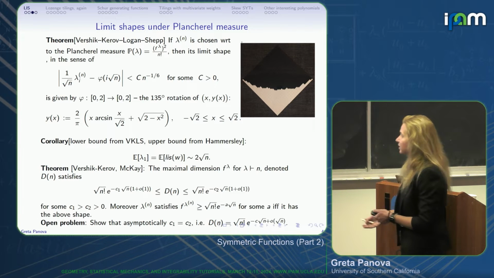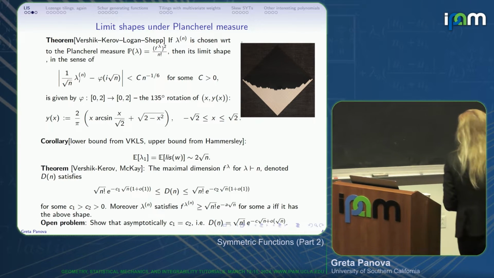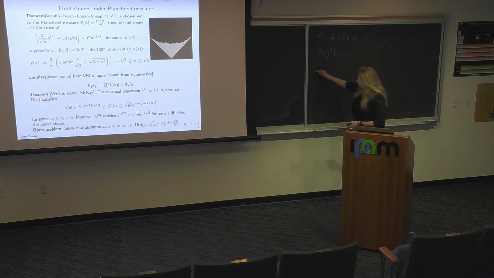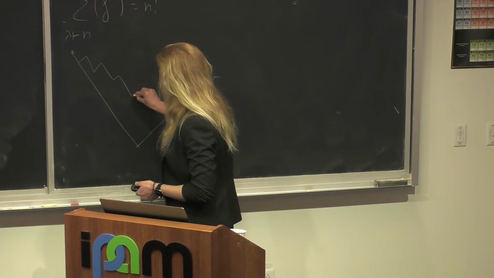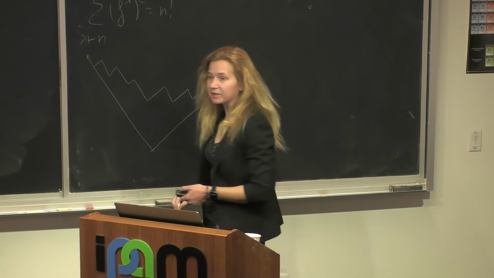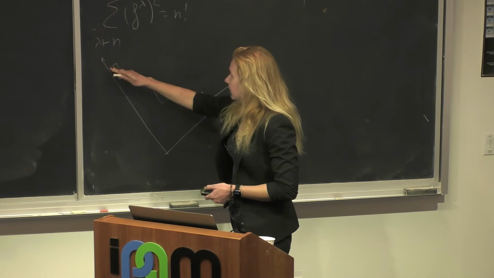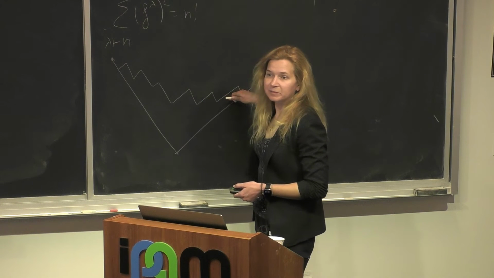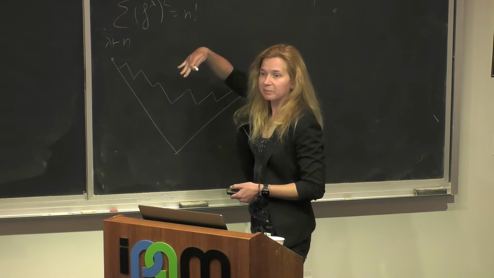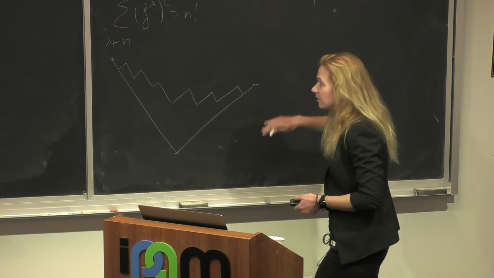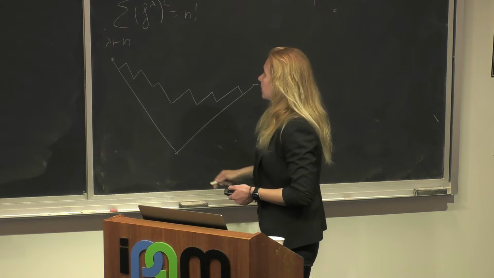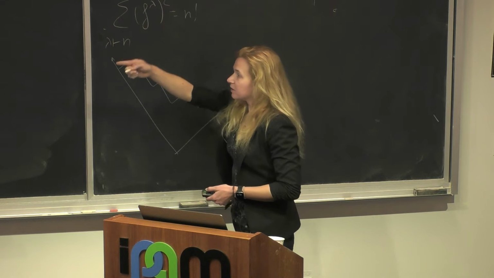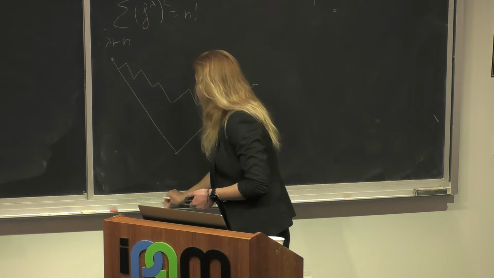If you try to do this with the hook length formula, you will realize that when we turn the diagram like this, it looks like a piecewise linear curve going up. It has slopes 1 and minus 1. So the limit curve, of course, is something continuous.